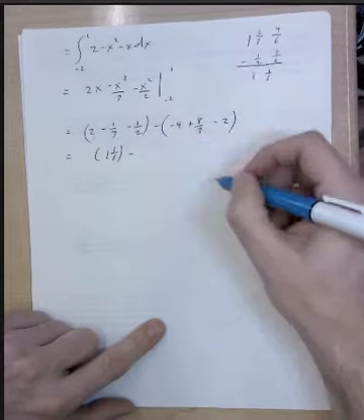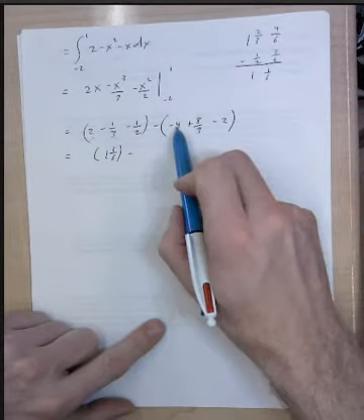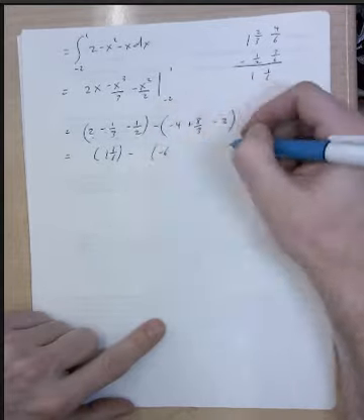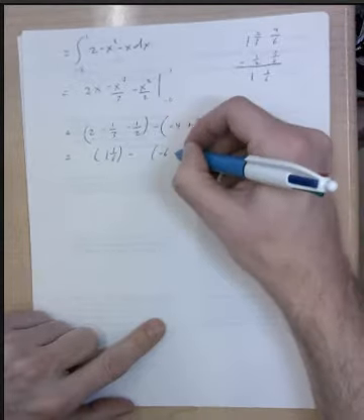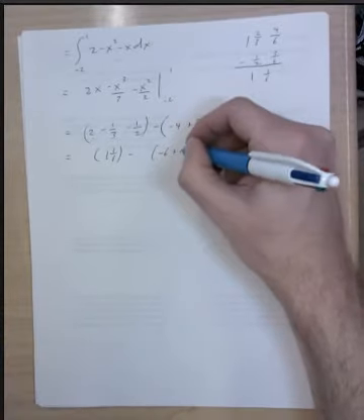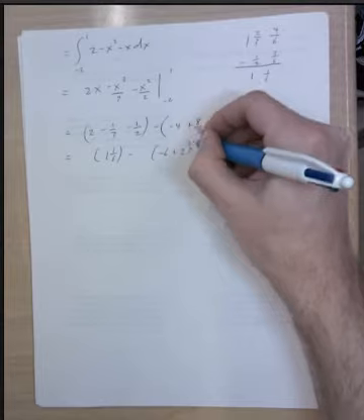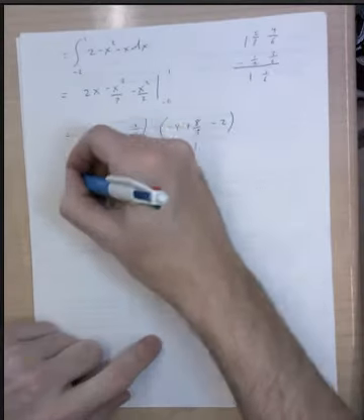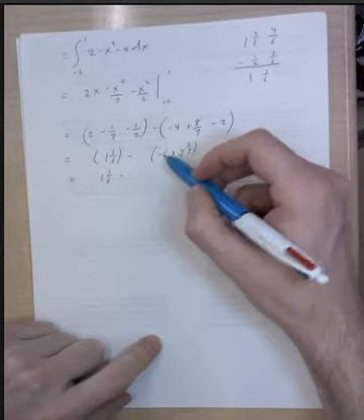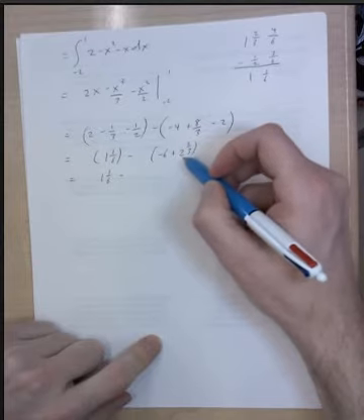Minus, -4 combined with -2 is -6, plus 8/3, so that's plus 2 2/3. So we have 1 1/6 minus, so -6 plus 2 2/3, we get -3 1/3.